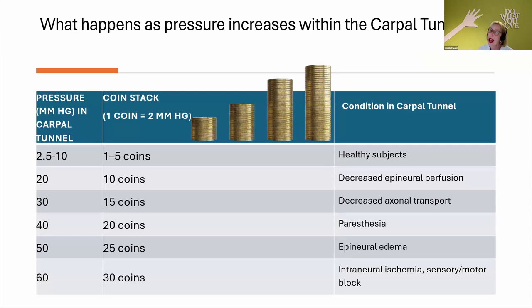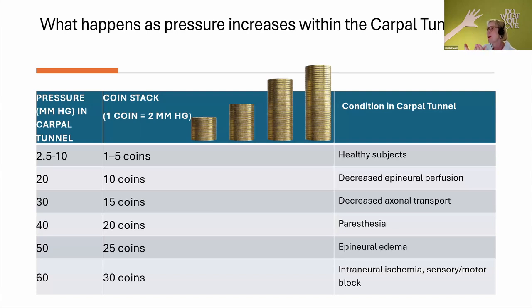Okay. As we would increase the number of coins and thus increase the amount of pressure within the carpal tunnel, if we doubled it, came up around 10 coins, we'd be increasing it to roughly 20 millimeters of mercury pressure. At that point, you're already going to begin to see some decreased epineural perfusion.